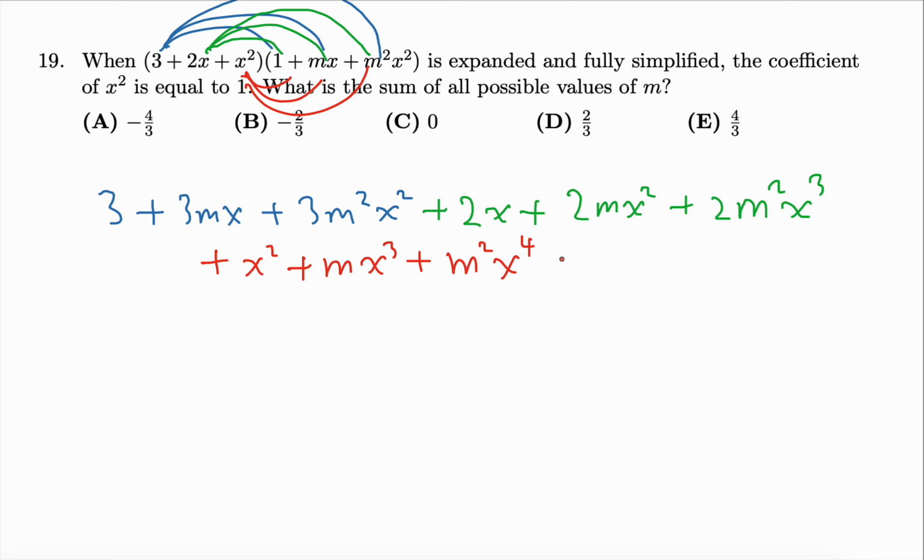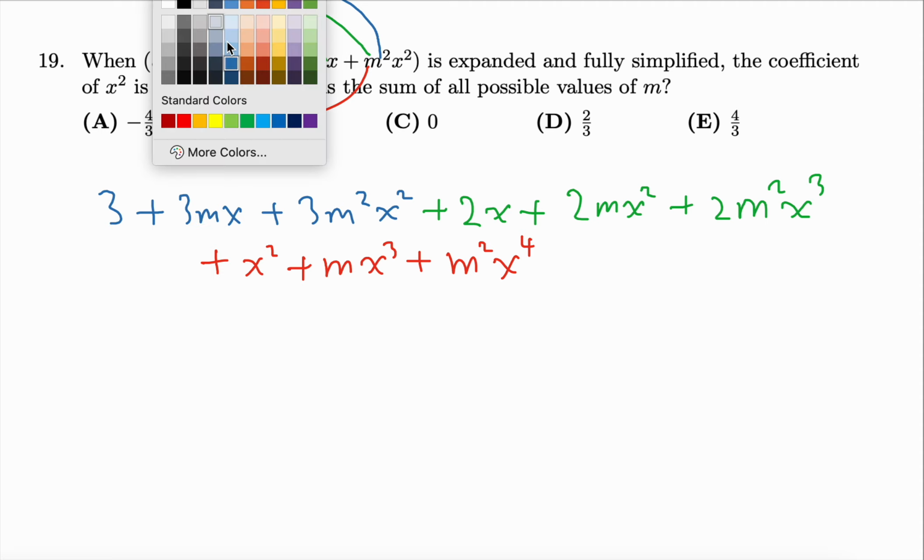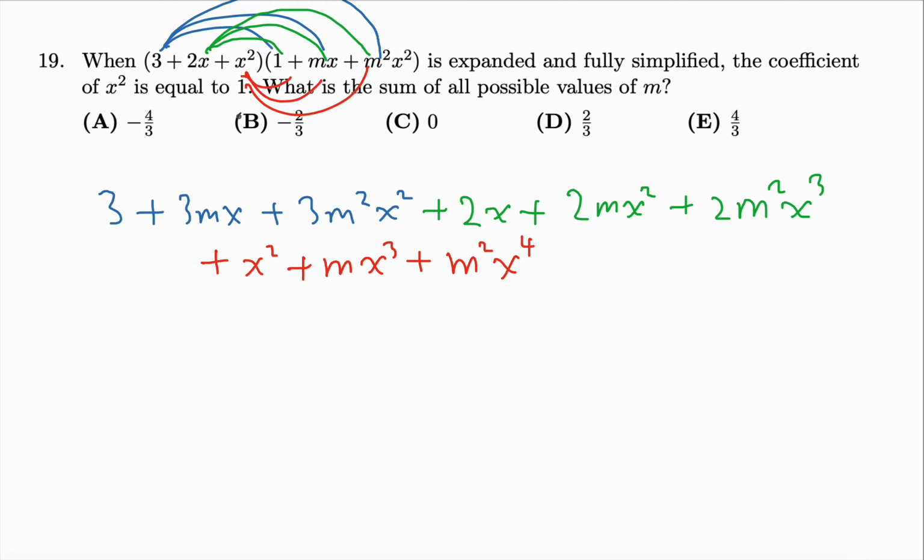The next step would be to collect like terms. But as we talked about earlier, we don't really care about a lot of these, so I'm just going to cross them out. We don't care about these because they don't have an x squared term in them.